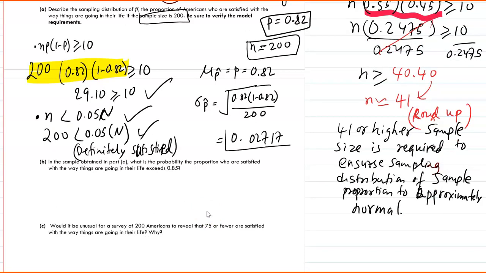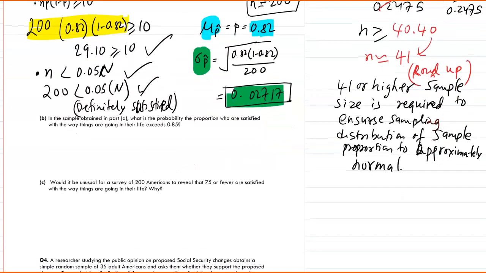I don't need to find more decimals. That's the sigma p hat, and this is the mu p hat, the mean and the standard deviation of the sampling distribution. Okay. All right. That's part A: verify, and find the mean and standard deviation.